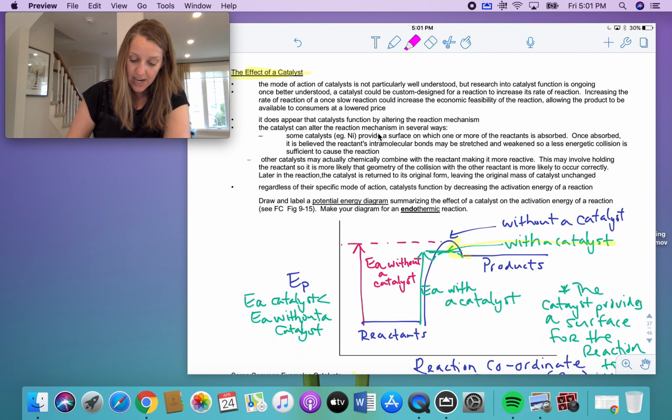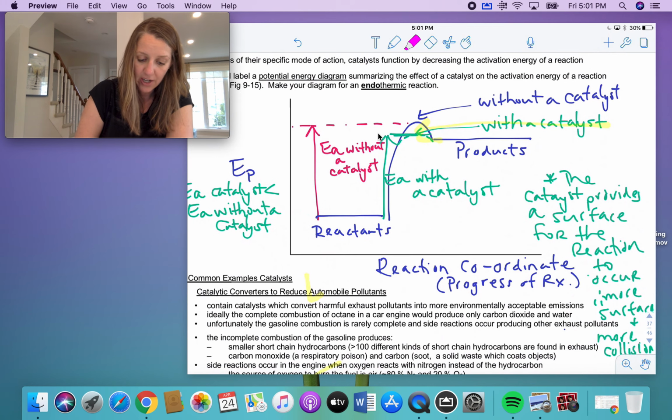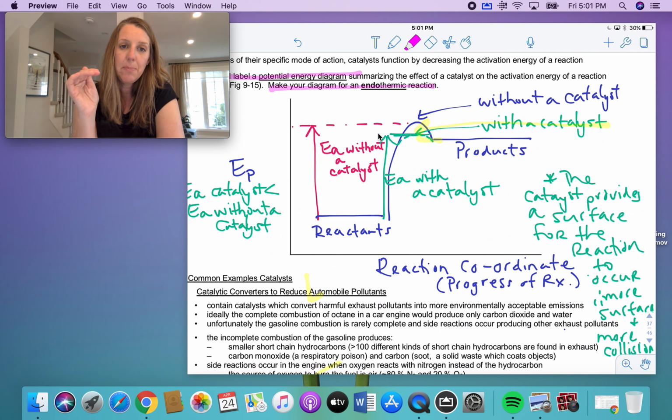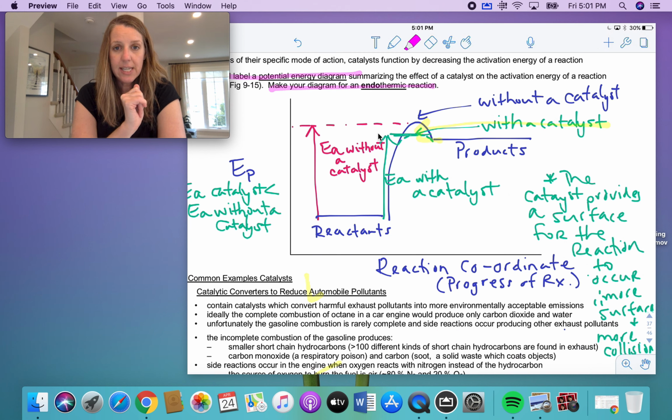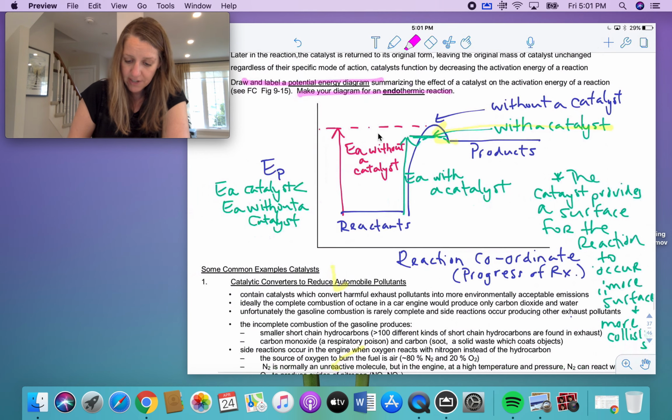If you were to take a potential energy diagram, okay, so that's what I've got right here. You can do your own, you can follow mine, but basically you want to show and label a potential energy diagram for an endothermic reaction. So you can see here it's endothermic, right? So your reactants have less energy than your products. So if you were to take the difference between them, you'd have a positive value, okay? And that's the potential energy difference.